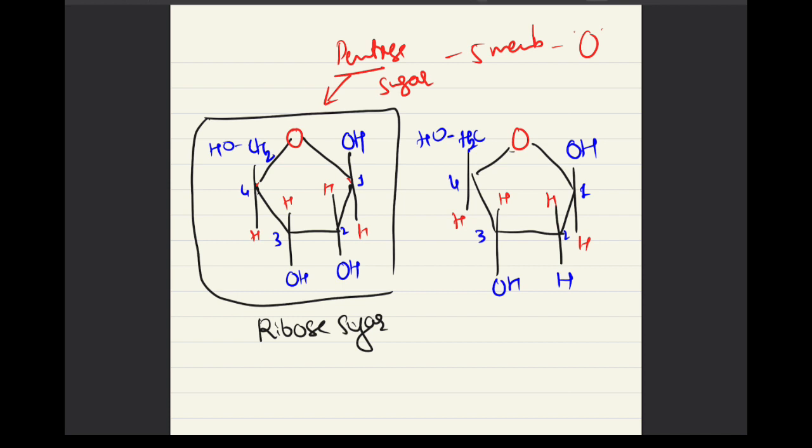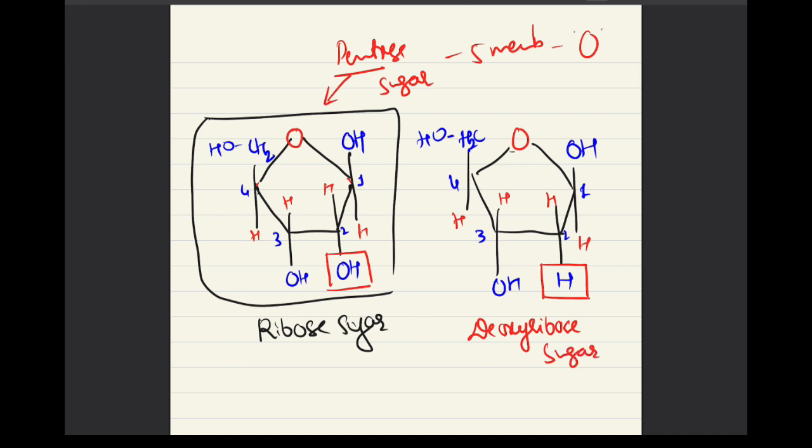right? So what is the major difference? Here we can see in the ribose sugar a hydroxy group is present, whereas in the case of deoxyribose sugar only hydrogen is present. That's why it is called deoxyribose sugar, right?